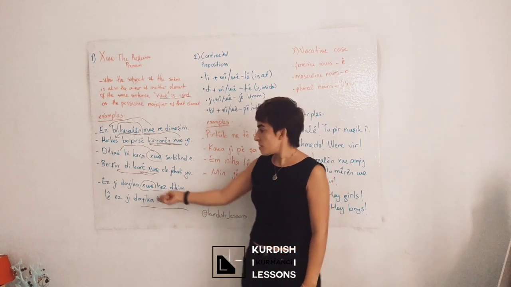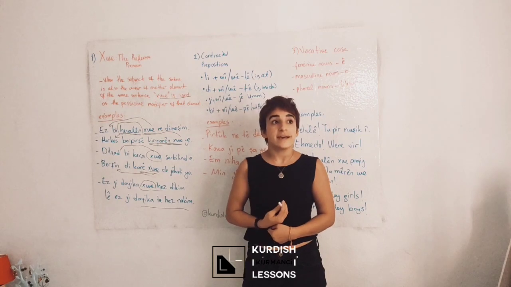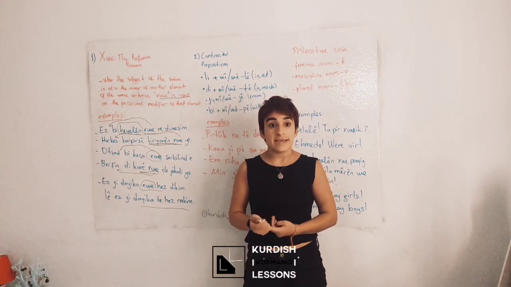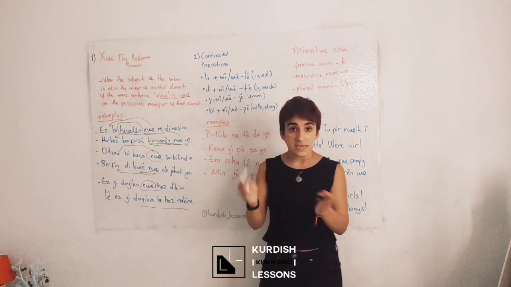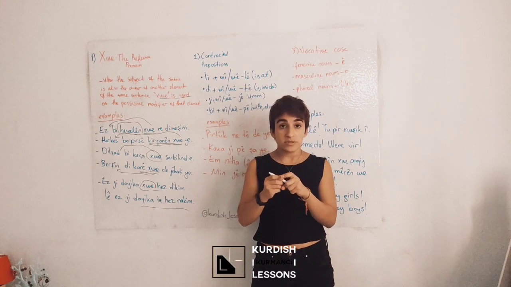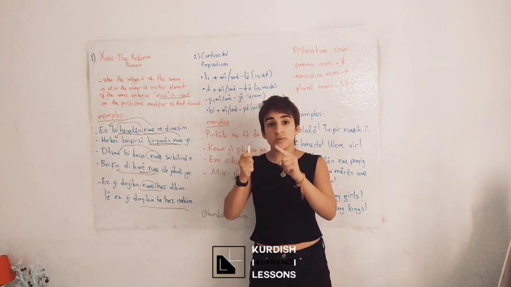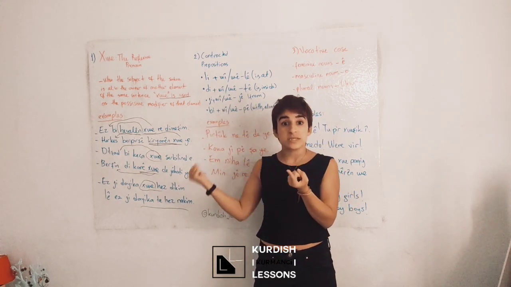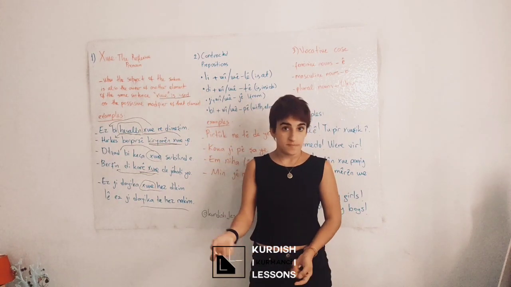So you see, mom is mine, that's why I say "ez dayîka xwe". Or "ez bavê xwe hez dikim", I love my father. Or "ez xwişkên xwe hez dikim", I love my sisters. Okay. So it is very easy. The important thing is that this object should belong to the subject to use this "xwe". If it belongs to someone else, you don't need to say "xwe".